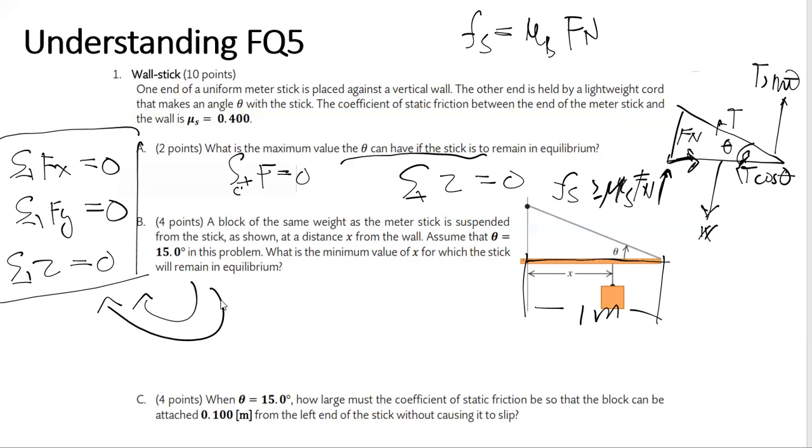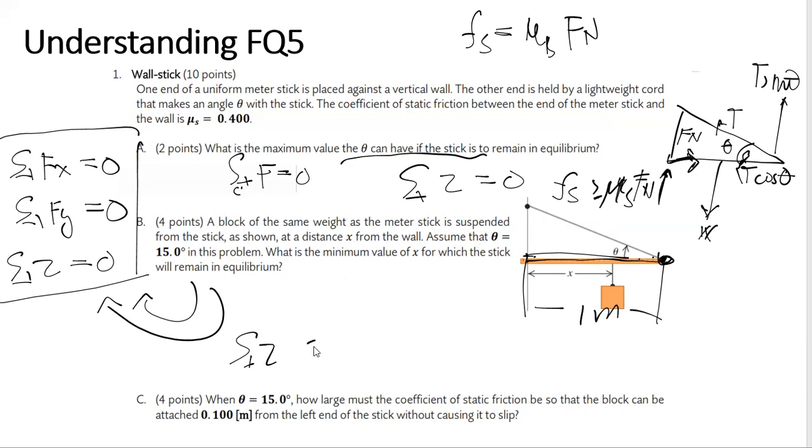So dito, meron akong distance x. So yung sum ng aking torques ay magiging relative to this position here. So relative dito ang measurement ko. So since this is 1 meter again, so you have here your sum ng torques due to your vertical forces.